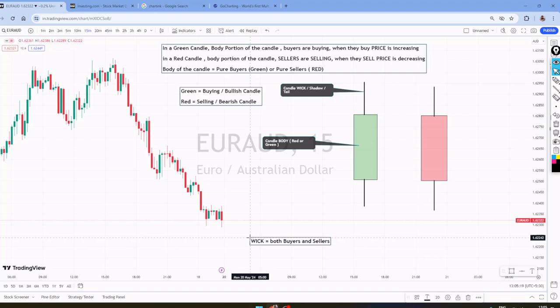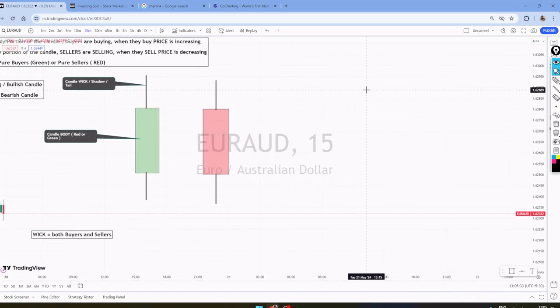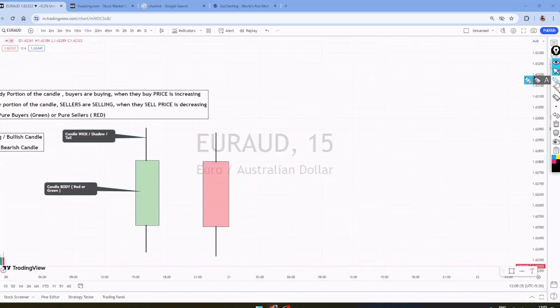Whereas every wick of the candlestick chart has both buyers and sellers. Both buyers and sellers. How? Let me tell you here. Let me move it a little bit. Let's say from 10 rupees, people are buying.